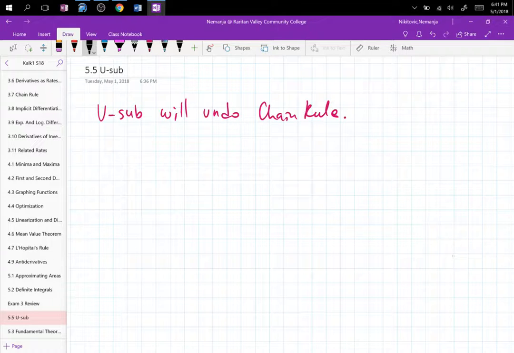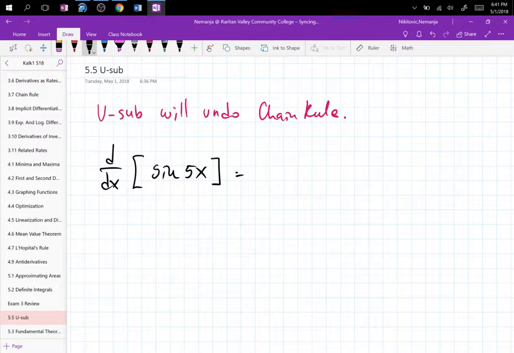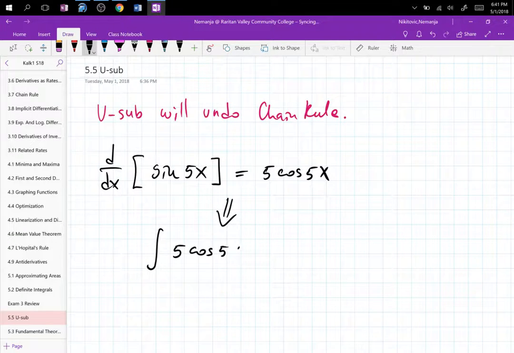Well, if I had the derivative d dx of, let's say, sine 5x to be 5 cosine 5x, that needs to now be: the integral of 5 cosine 5x dx needs to give me sine 5x plus c.